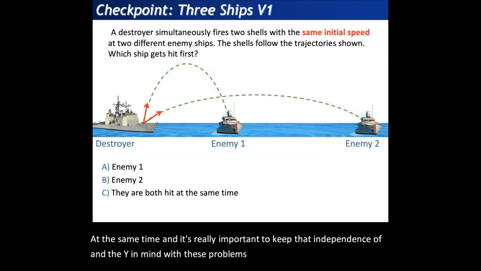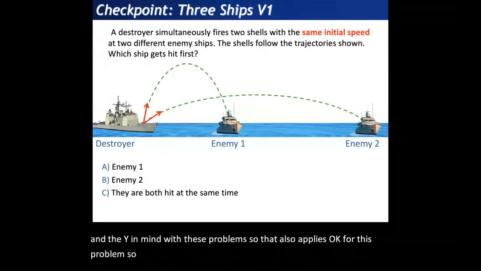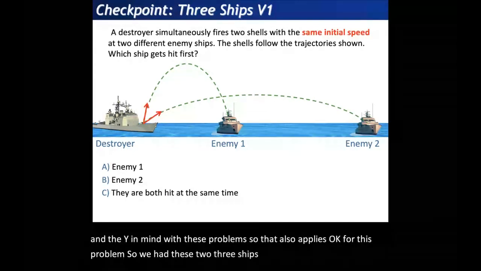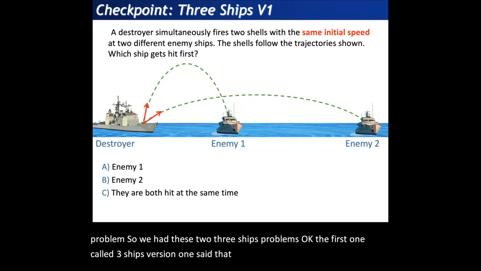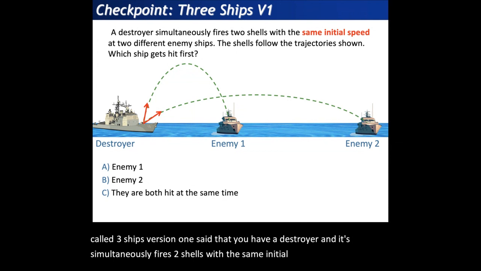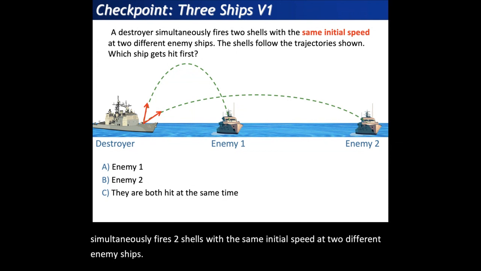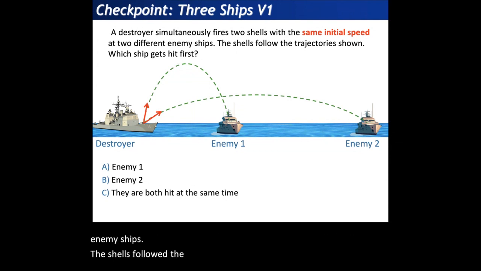That also applies to this problem. We had these two 3 ships problems. The first one, 3 ships version 1, said that you have a destroyer that simultaneously fires 2 shells with the same initial speed at 2 different enemy ships. The shells follow the trajectory shown. Which ship gets hit first?